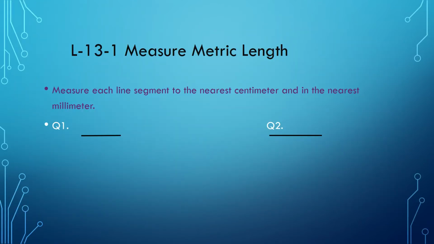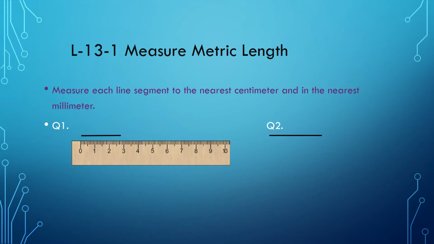Now your question number 1: measure the line segment to the nearest centimeter and the nearest millimeter. Then how to measure it? With using a ruler. This is your ruler. Put one end, the 0, coincide with the first end, and you can see what the length is.